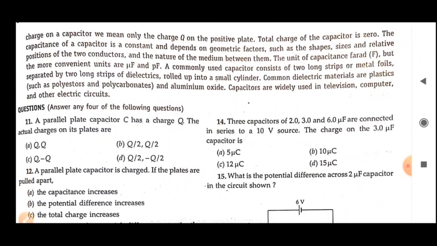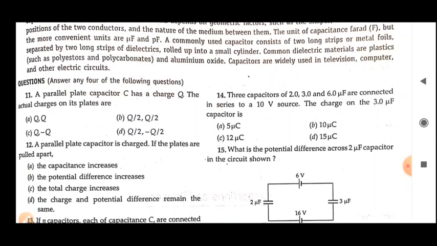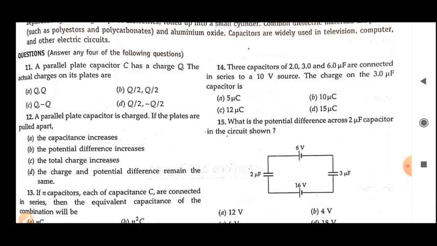So this is basic information about the capacitor. Students, the case study we have discussed was a very basic topic covering basic things that you forget a number of times. These are very useful whenever you are practicing. Let's now see the questions one by one.